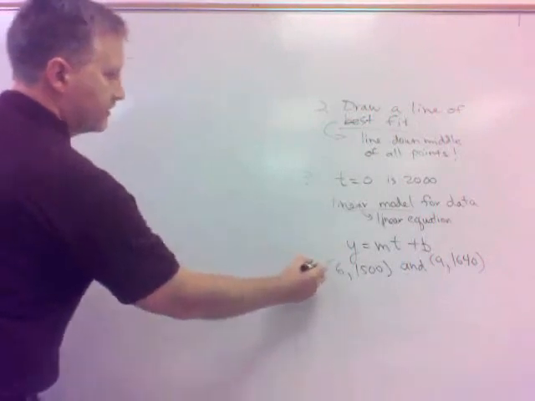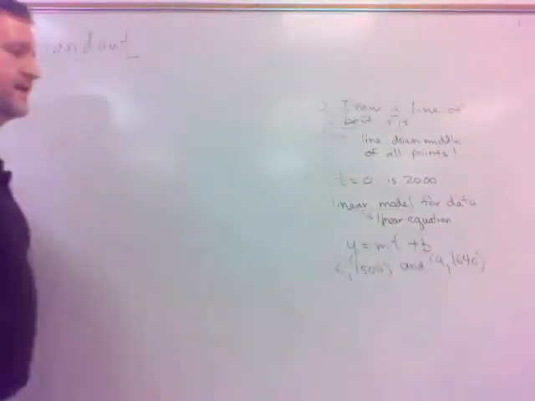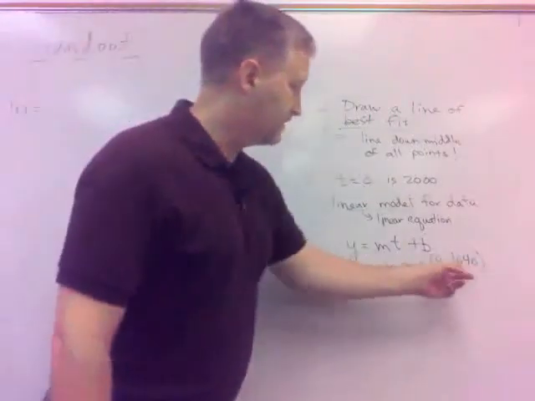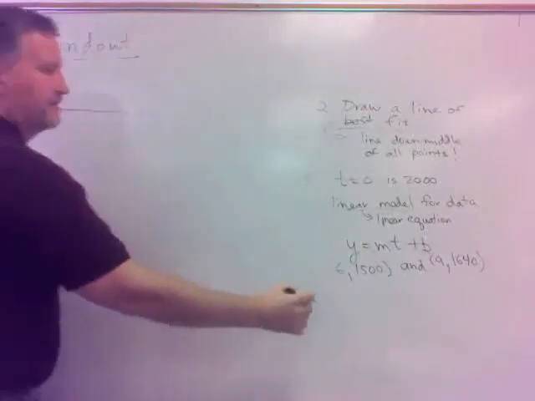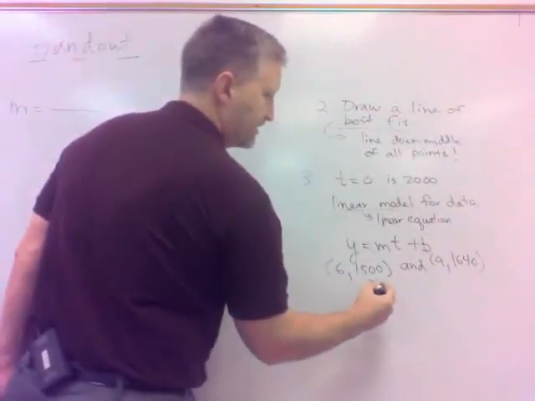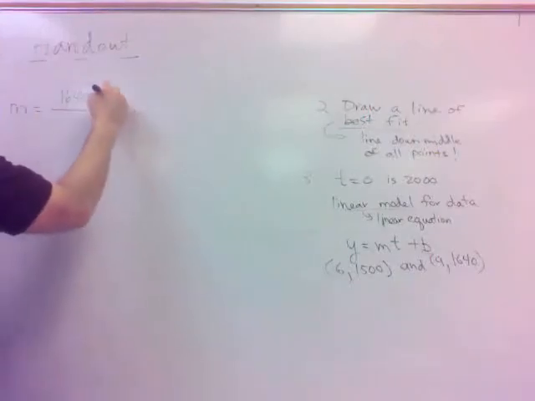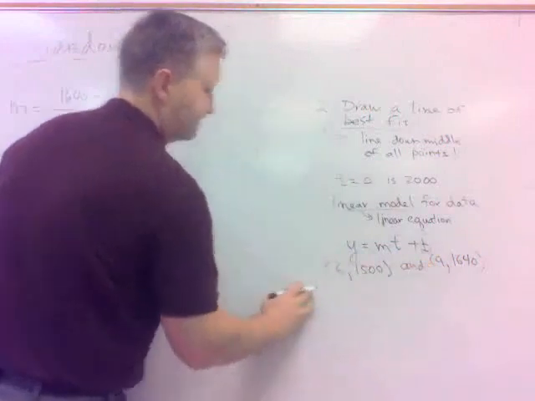Well, first of all, I need to know 2 things. I need to know the m, and I need to know the b. To find the m, it's going to be the difference of the y's over the difference of the x's, or t's in this case. Use the slope formula. Take the difference of the y's, 1640 minus 1,500, divide that by the difference of the t's.